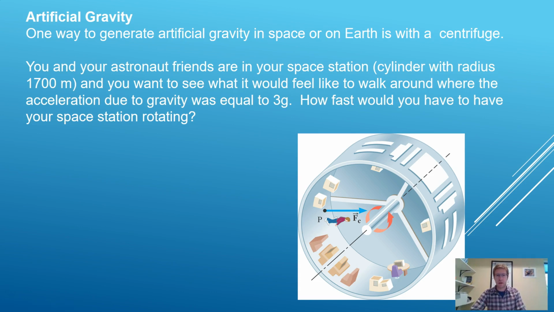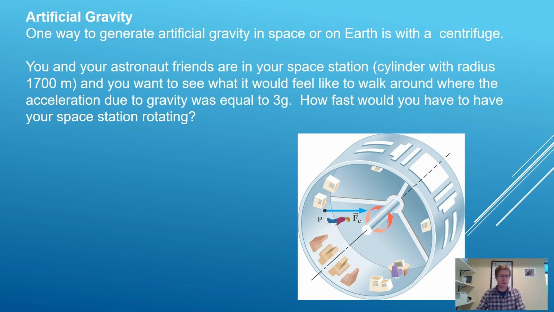Now let's say, for the fun of it, you wanted the people inside to get some extra exercise. So you decide you want to generate 3 g's worth of gravity, 3 times the normal acceleration due to gravity on Earth, experienced by the people in the space station. How fast must you be rotating your space station to achieve this? Pause it, try it out, and then we'll solve it together.